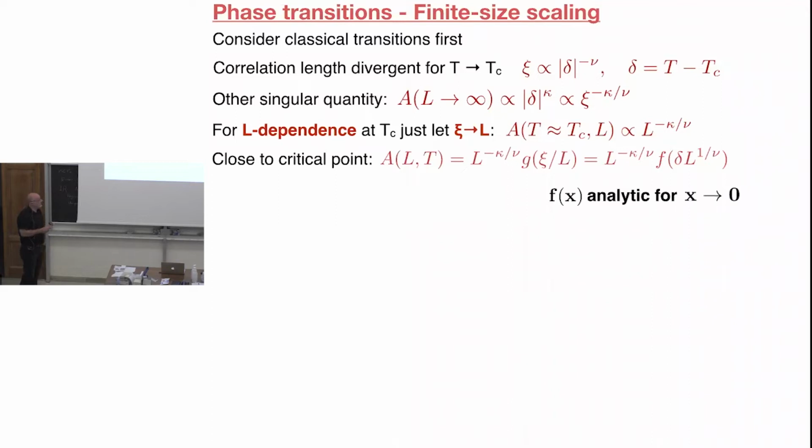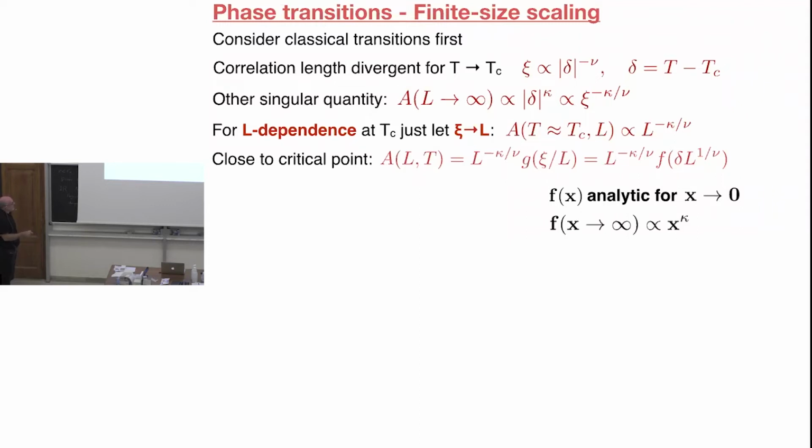And why do you do that? Well, then according to RG, this function will be analytic when x goes to 0. So it should actually just be a constant. Well, you can Taylor expand it, so it should have a constant. I should have specified that more carefully.